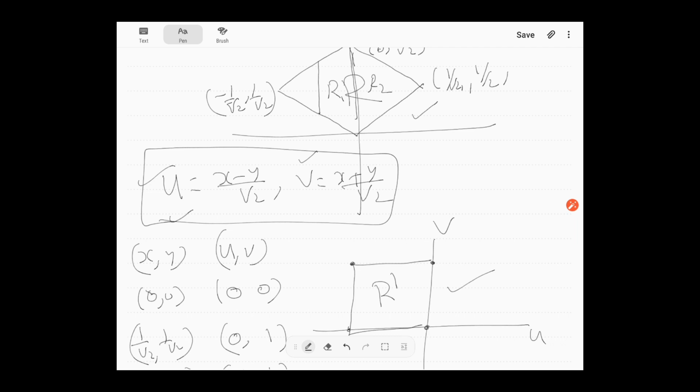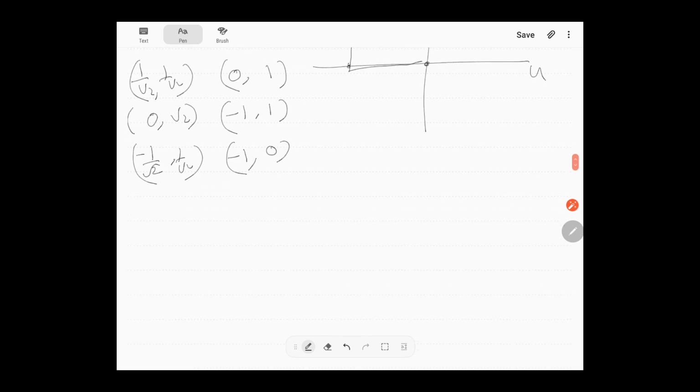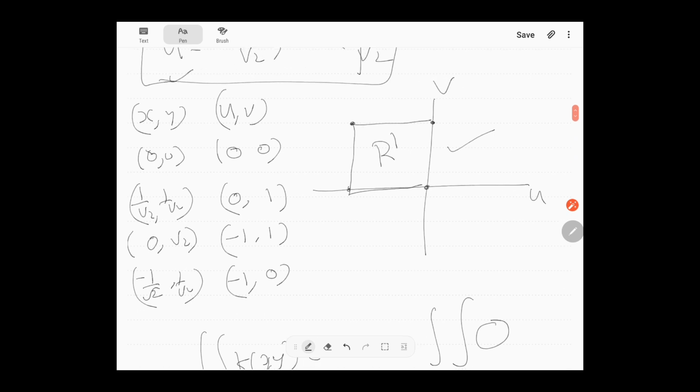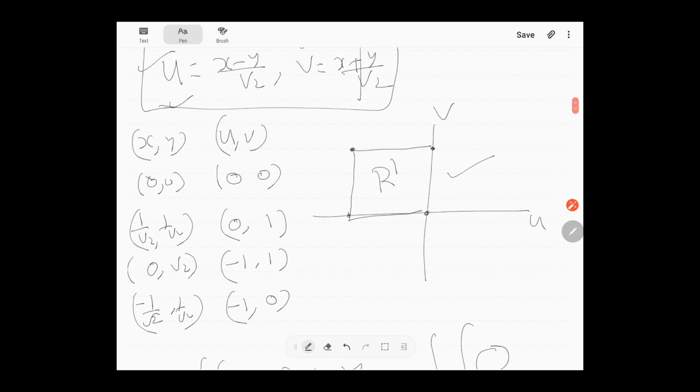Now what we are going to learn is that the double integral over this region R of a function f of xy is equal to a double integral over this region R dash. What could be the integrand? Here is the transformation we have taken, u and v.